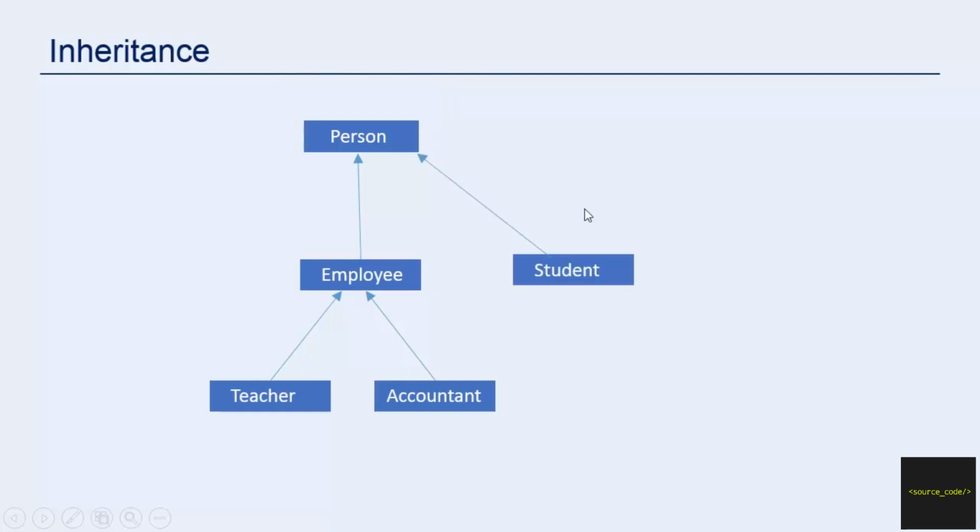From person, you can inherit another class named student. Now, as we have seen before, there is a relationship between the derived classes and the base classes. So teacher is an employee, accountant is an employee, an employee is a person, student is a person, and teacher is a person, and accountant is a person.